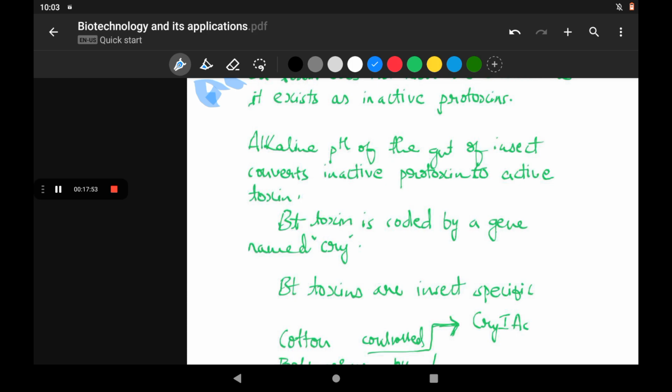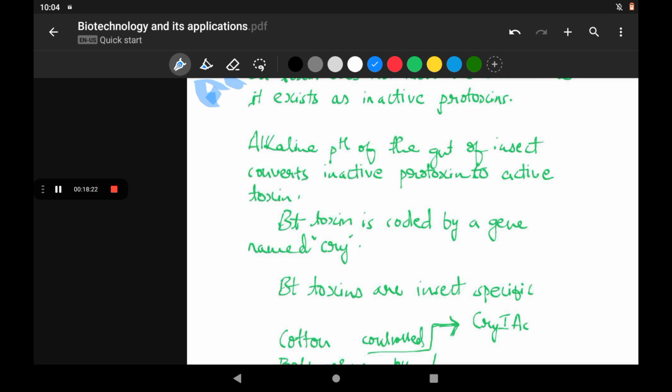If you have studied the digestive system of cockroach, you can remember that we use terms like crop, gizzard. So we don't use the term stomach in case of insects. The right wording is: the alkaline pH of the gut of the insect converts inactive protoxin into active toxin. The alkaline pH is required, the pH which is above 7.